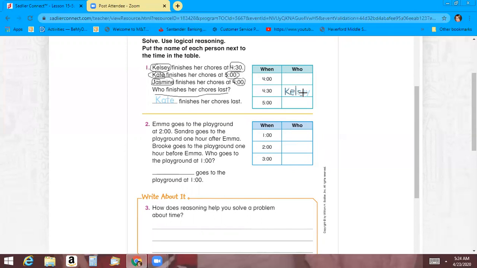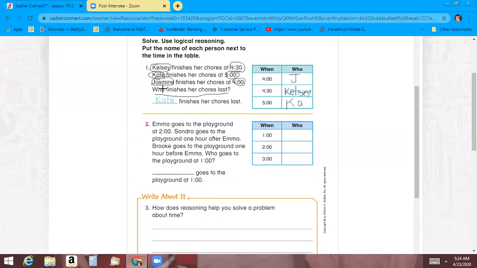So I'm going to go ahead and just trace as quick as I can with my little mark tracer here. Then it says Kate finishes her chores at 5 o'clock. There's my 5 o'clock. So you can go ahead. I'm just going to put K-A for Kate. It's just easier. You guys can go ahead and fill out the whole name for Kate. So we can put Kate for 5 o'clock. And Jasmine finishes her chores at 4 o'clock. I'm putting just a J for Jasmine.